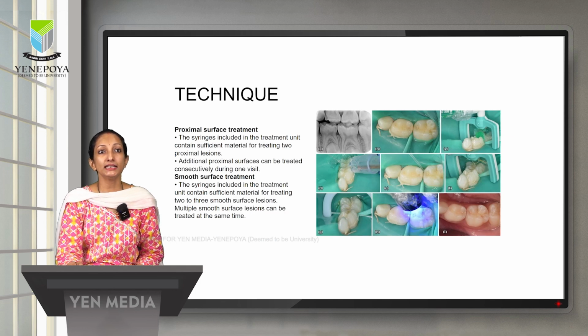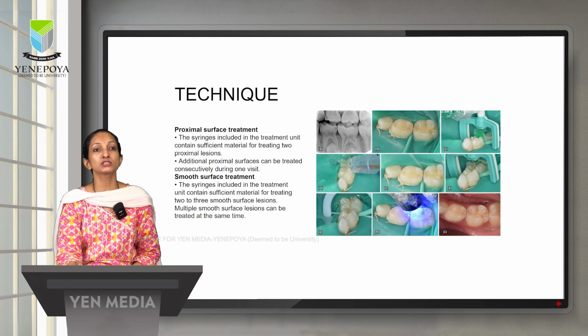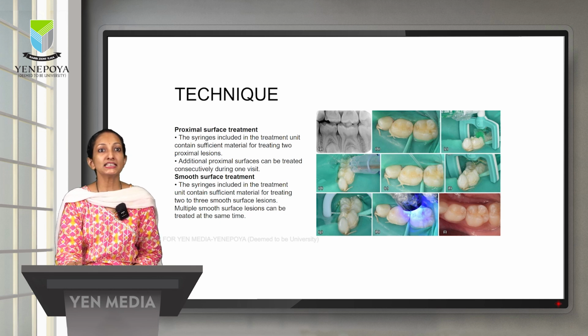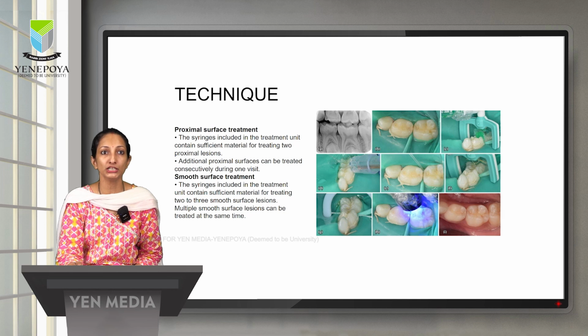So, for the proximal and smooth surface, this is the material that is included. The proximal unit contains sufficient material for treating two proximal lesions, whereas the syringes included in the smooth surface kit have sufficient material for treating 2 to 3 smooth surface lesions.